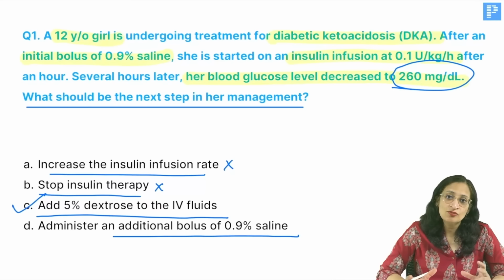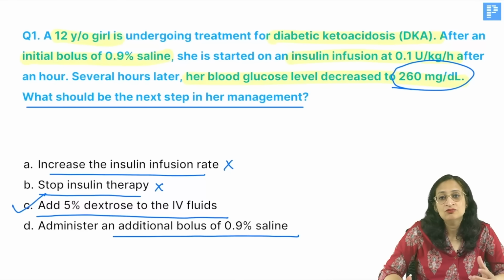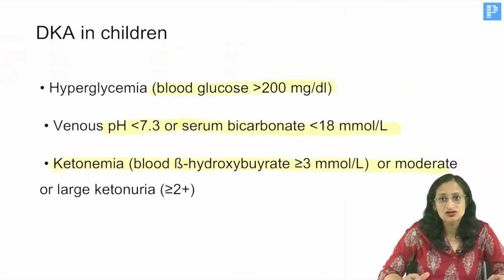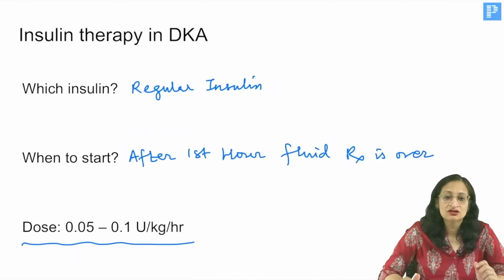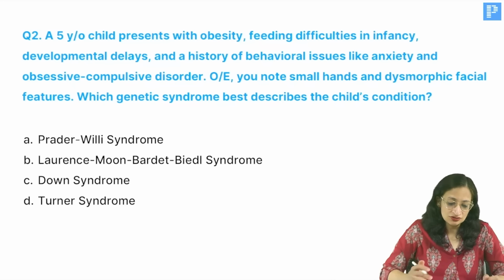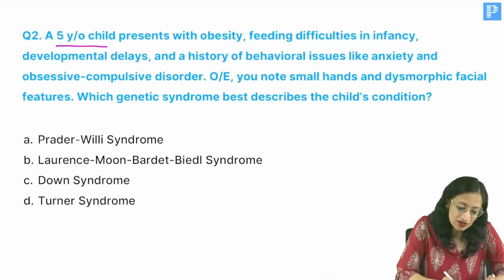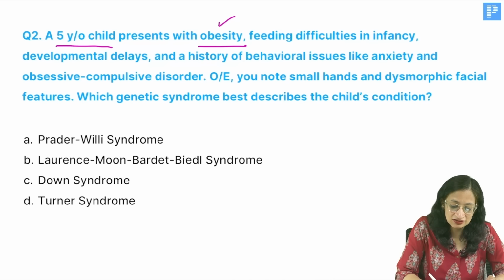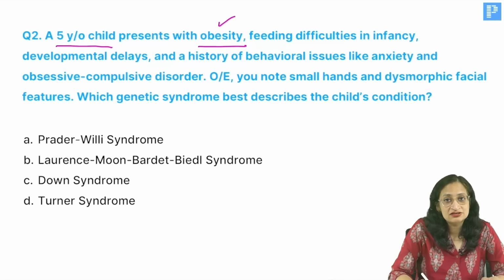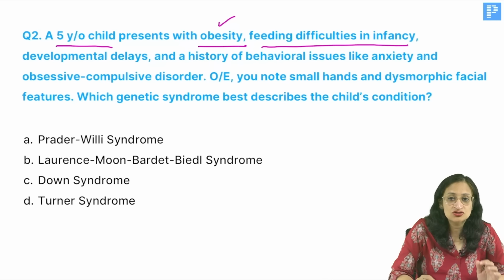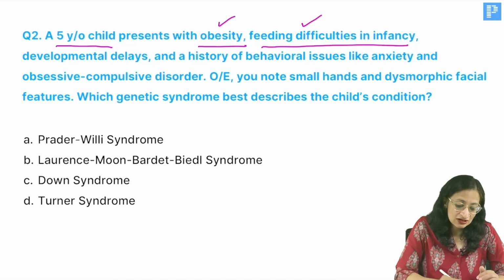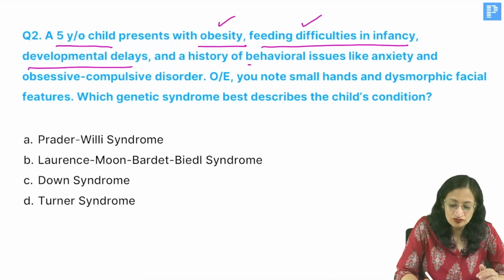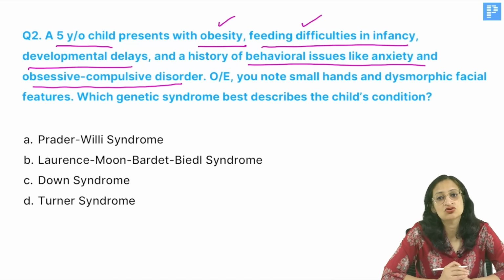Same topic, DKA, but a slightly trickier version which tests your application of knowledge. Moving ahead to the next question, you have a 5-year-old child with obesity. There is a history of feeding difficulties during infancy, developmental delay, and behavioral issues like anxiety and obsessive compulsive disorder.